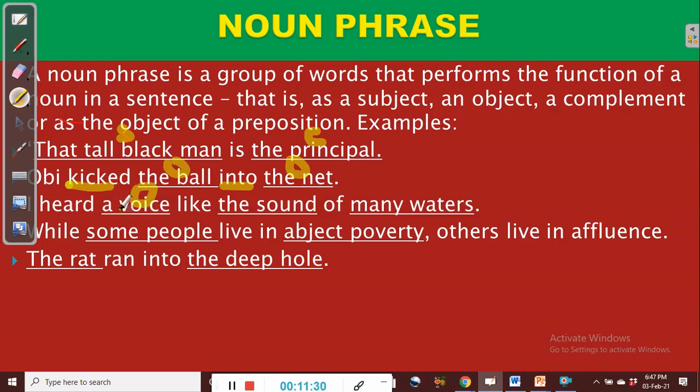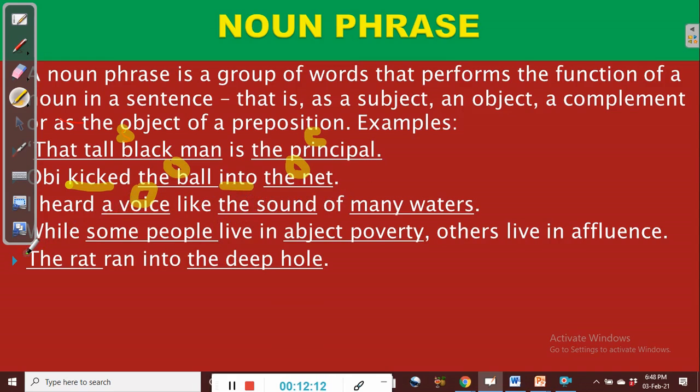The sound is another noun phrase, and many waters is another noun phrase. Many waters functions as object of the preposition of, and again we find the sound also functioning as an object in this sentence.